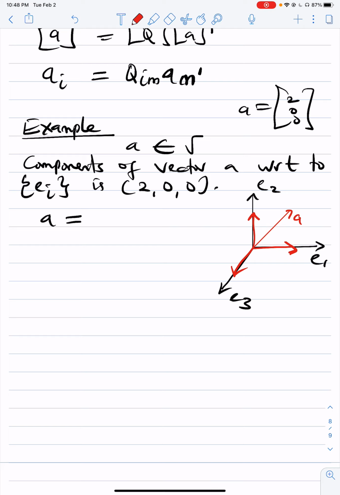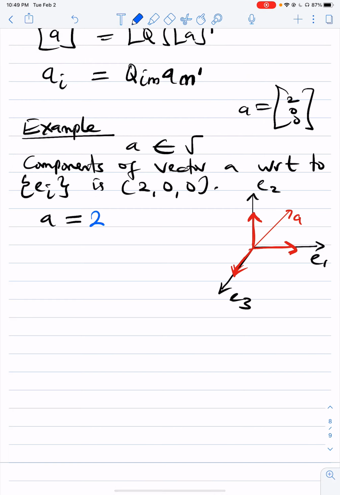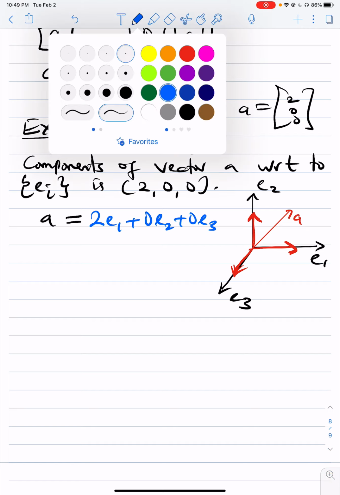Defining A means what portion of this, in addition to this, in addition to this, will give you A. We're already given A: 2E1 plus 0E2 plus 0E3. That's where we're getting this from. So it means 2 of E1, the unit vector, none of E2, and no part from E3. This is what A is. Okay, I hope I didn't make a mistake there. Yeah, that's right.